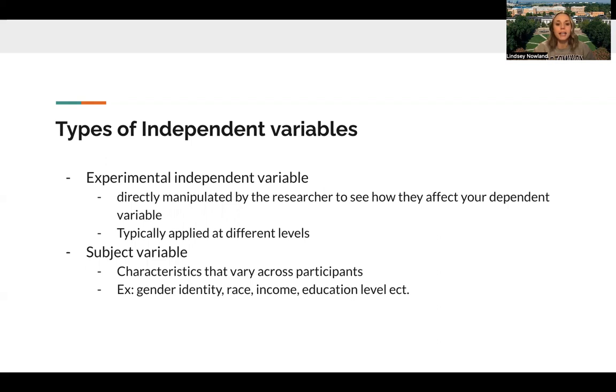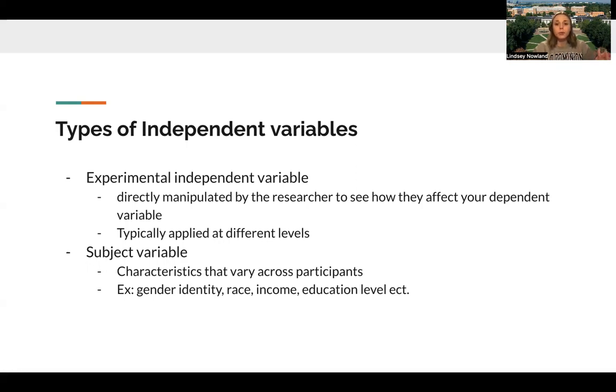It's typically applied at different levels, so, for example, different amounts of time spent during physical activity. You might have different groups in your experiment, and each group gets a different level of physical activity or teaching strategy.